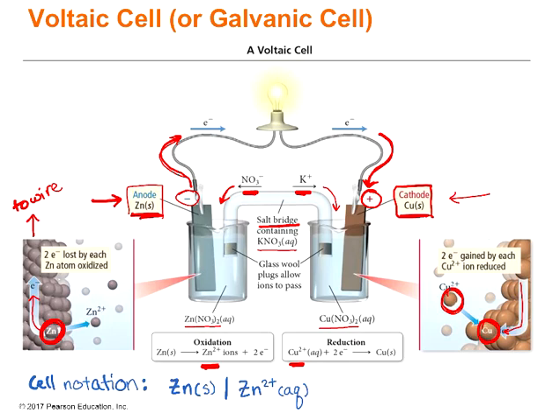And that's all there is for that side. So then we're going to put two vertical lines to separate oxidation from reduction. And then for the reduction, we're going to put the electrolyte first. So we want to put copper 2 plus first, and that's aqueous. And then we'll put another vertical line to separate that from the electrode, which is solid. So that's copper.